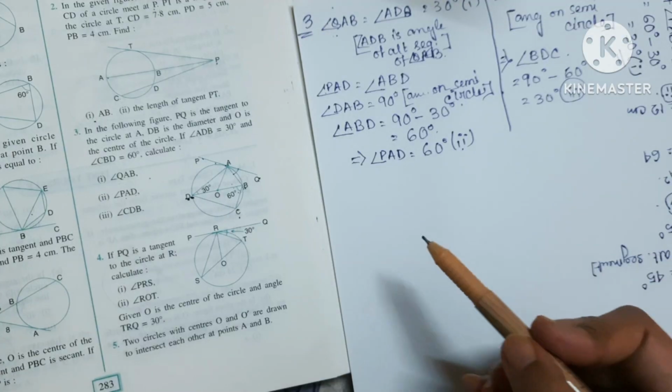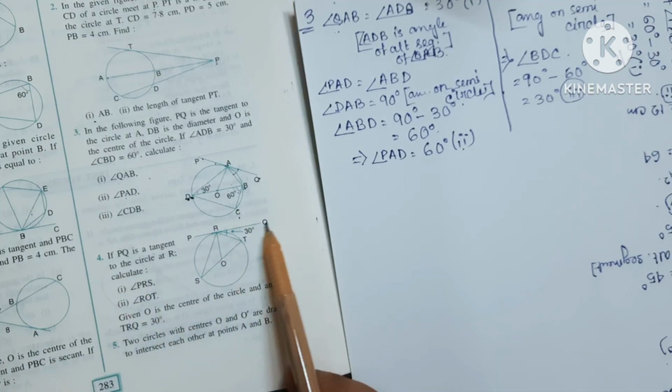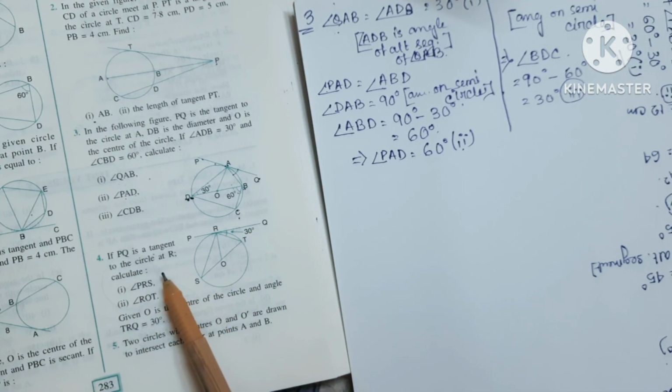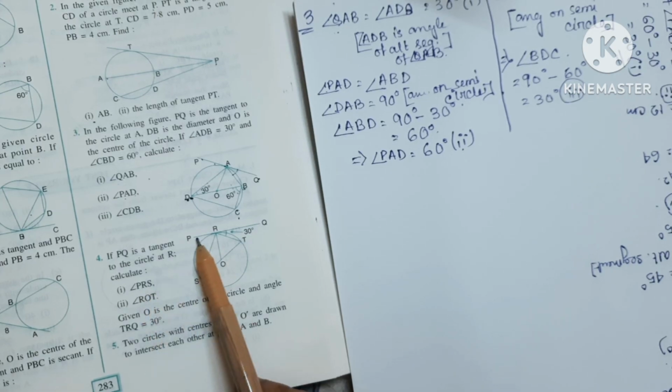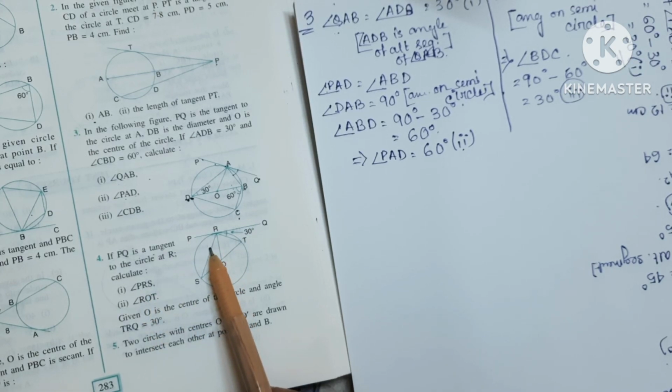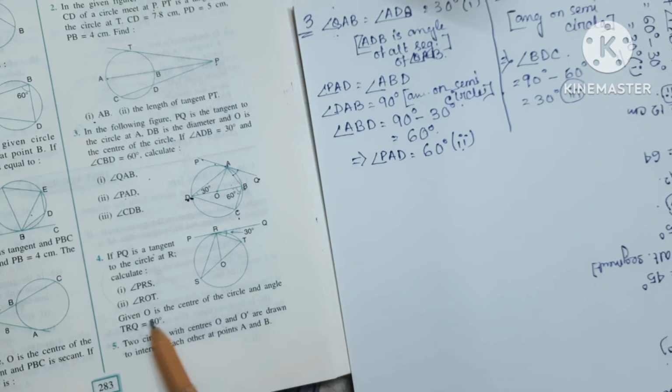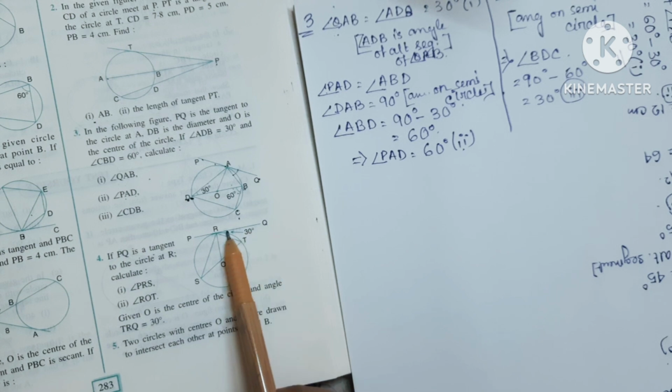Question number 4. PQ is the tangent of the circle at the point R. Now you have to calculate PRS, ROT, and RST. O is the center, that is given, and angle TRQ is given to you, that is 30 degree.